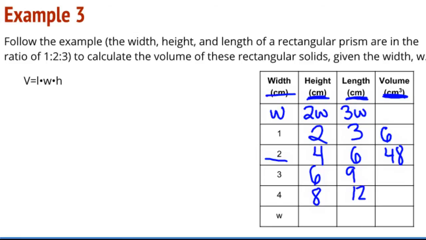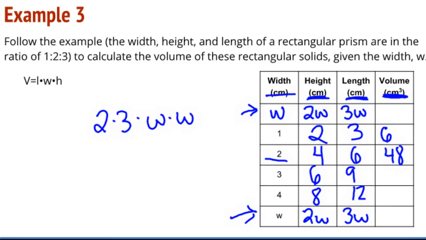And you'll notice that my top row now corresponds with my bottom row. And I'm going to get an expression here where I have 2 times 3, and I've got w multiplied together 3 times. So I have 6w cubed.